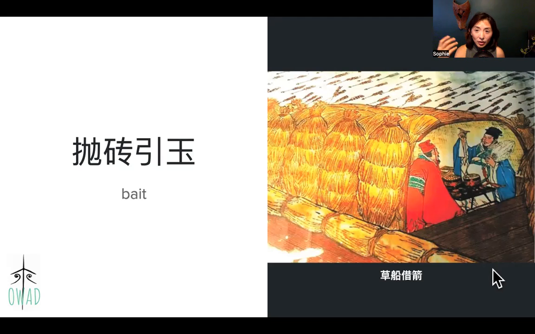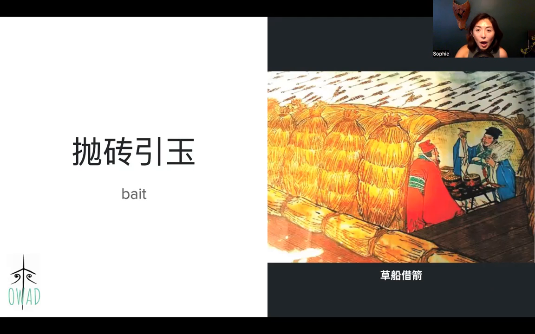The two armies are in battle, and they're probably in battle for a long time, and one side was running out of weaponry, and this smart guy, this strategist back then called 诸葛亮. Okay, so a lot of stories about him, a lot of language in our language about him.